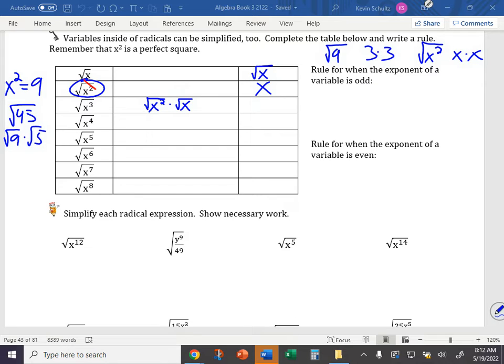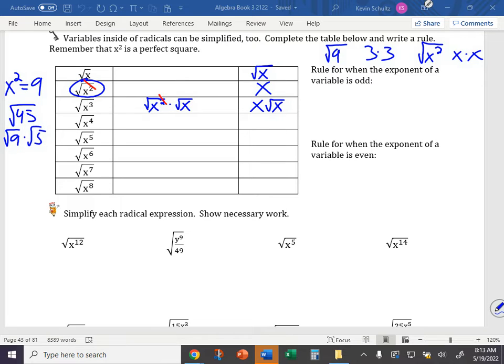It's a perfect square. The root of x squared equals x. And can we do anything with that root of x? Do we care? No. So the root of x cubed is equal to x times the root of x. This x comes from that perfect square factor.